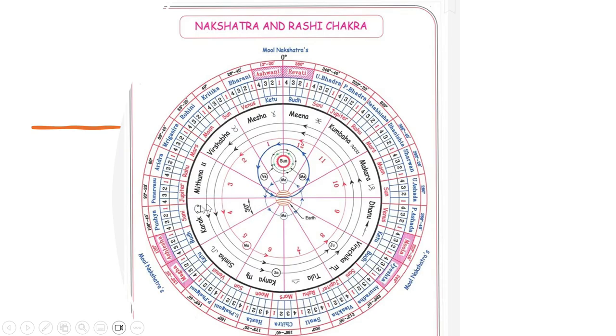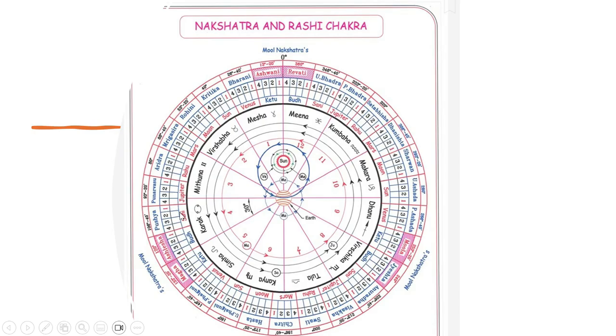So 100 degrees will be in Cancer, right? 100 degrees means 90 degrees plus 10 more. How many padas in those 10 degrees? After 90, it has crossed 10 degrees more, so it has crossed 3 padas. After 90, the first pada was the fourth pada of Punarvasu.